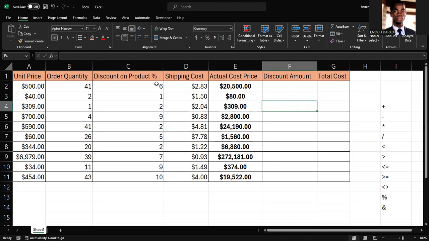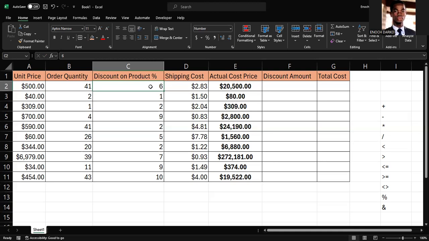So the next one, I'm going to calculate the discount amount using the percentage and the actual cost price. Any amount you are supposed to pay, we calculate a discount on it. So for this particular one, we calculate 6% of the $20,500.